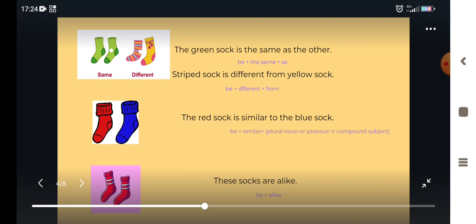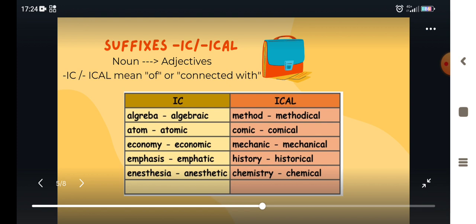Let's go to the other grammar. Suffixes -ic, -ical, noun, adjectives. -ic and -ical mean of or connected with. When we add -ic and -ical after a noun, we make an adjective that means of or connected with.